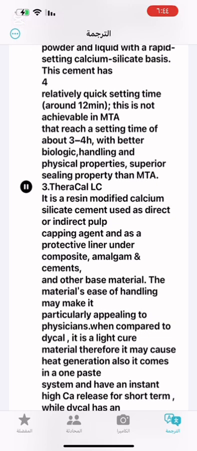Properties: 1. The set material has an alkaline pH of 9.2 to 11.7, which reduces the acidity of zinc phosphate when used as a sub-base material in deep cavities. 2.